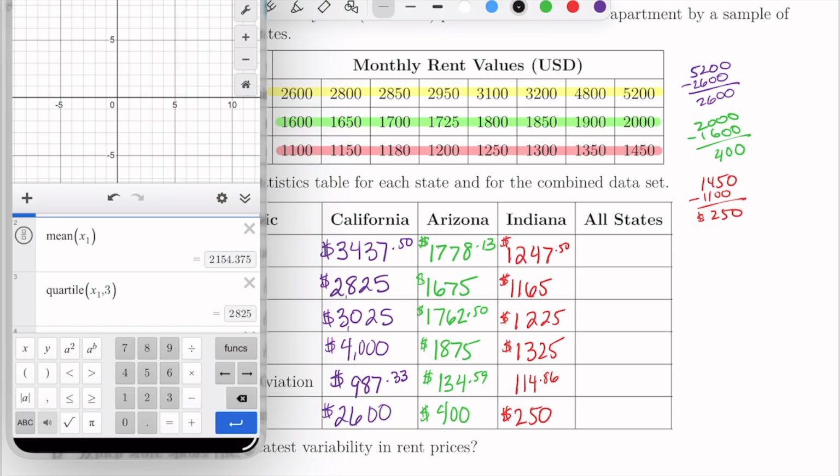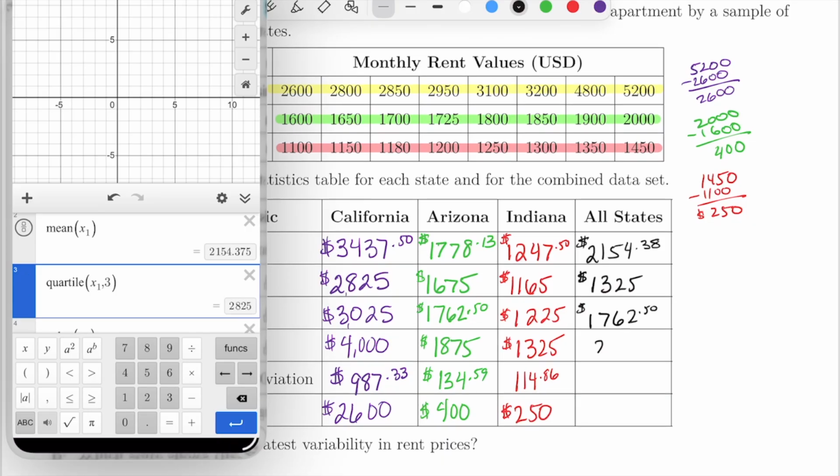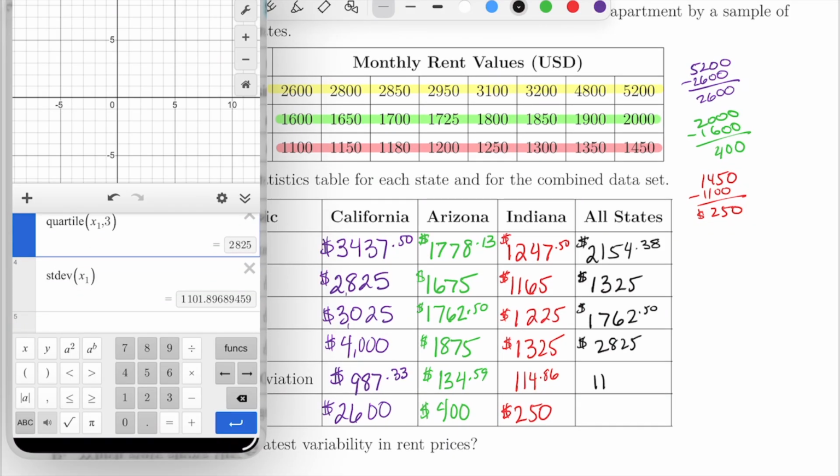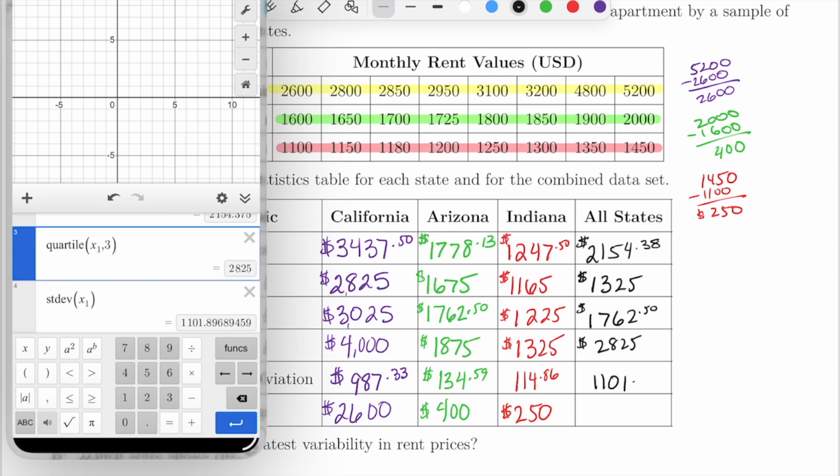But the overall mean of all the data then, because I just didn't even realize that California was that big.